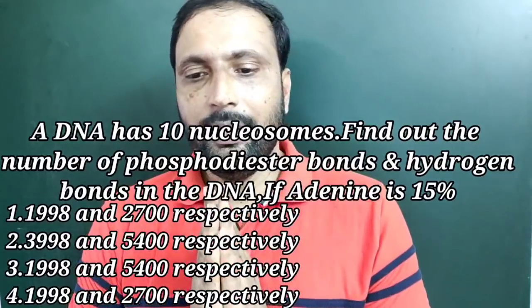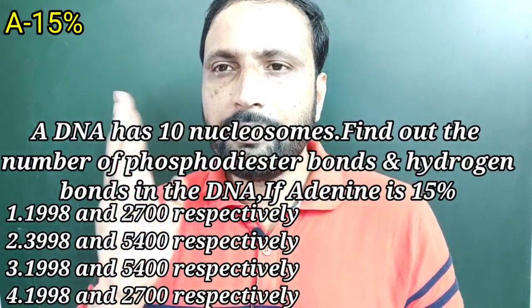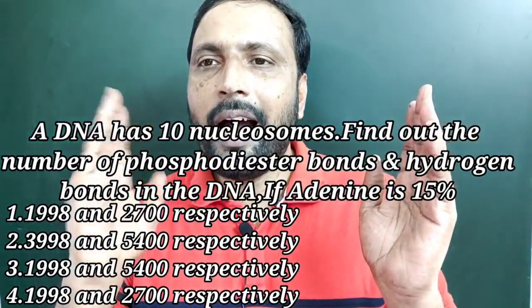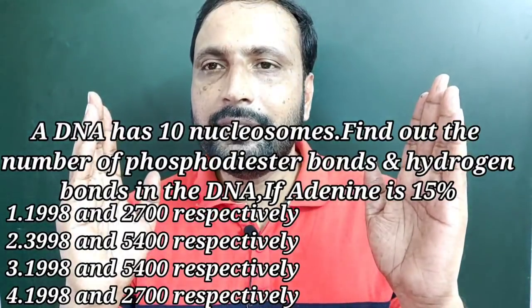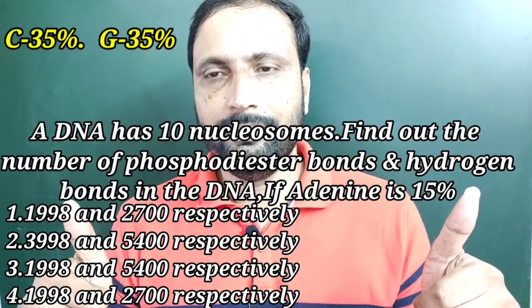But here the important thing is that the adenine percentage is 15. When adenine percentage is 15, definitely thymine percentage is also 15. When adenine and thymine are 15 each, definitely cytosine and guanine percentage is 35 and 35.